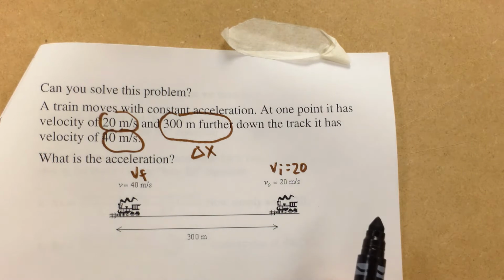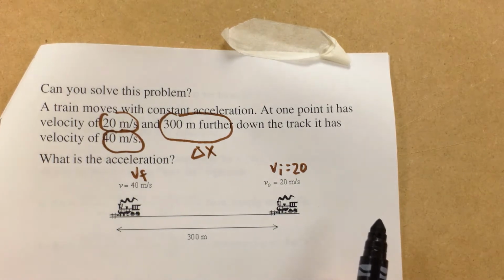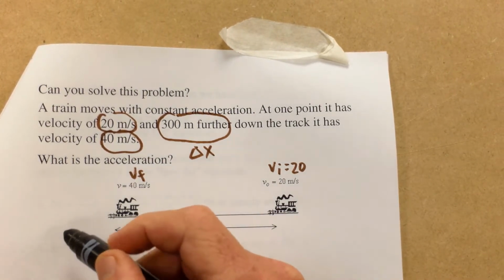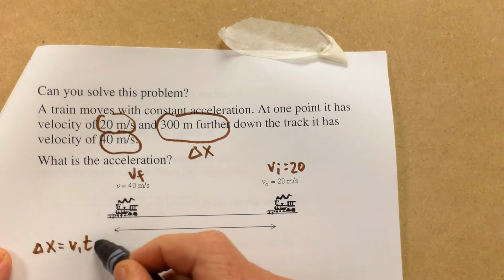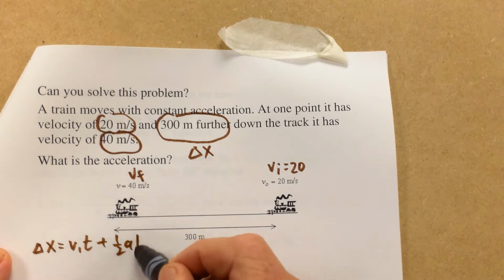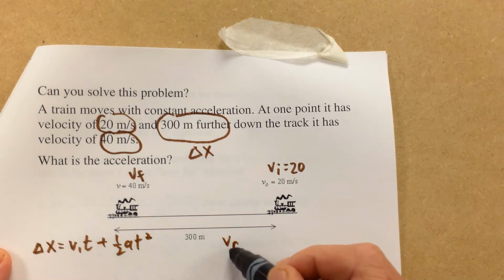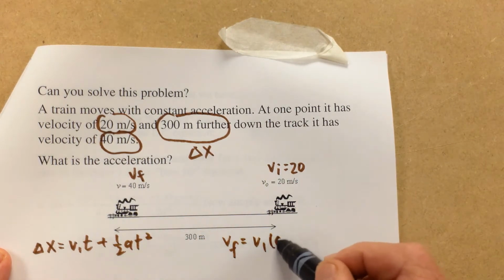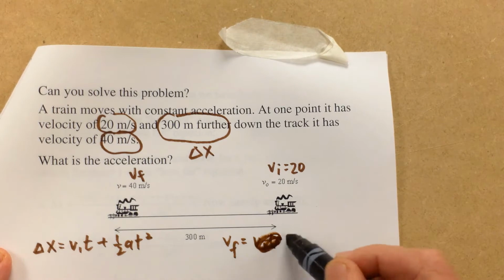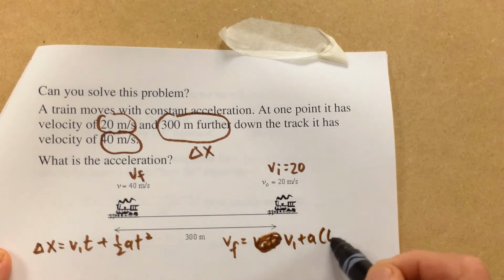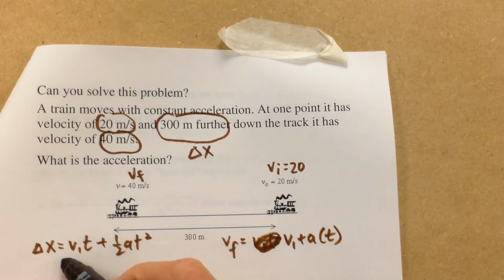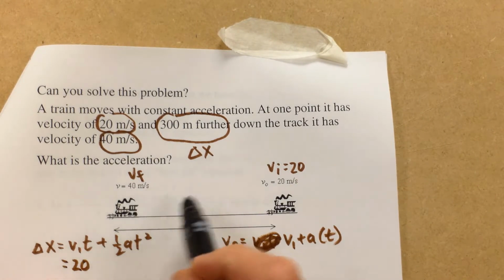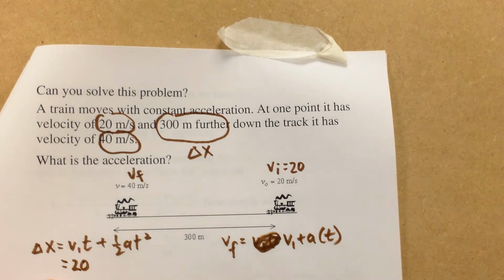So in this case, let's write down our equations. We have our how far equation. We have our how fast equation, VI plus AT. Well, we know the VI is 20. And do we know anything really about time here?